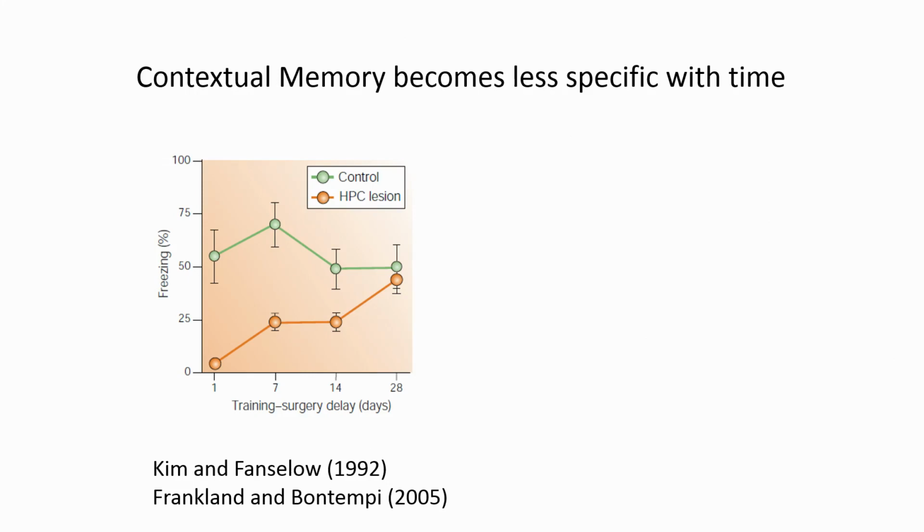Slightly different is the key word here. How slightly is slightly? When you put these animals in and ask the question, do you remember this context, or does it look familiar, the response would be: it depends. It depends on when you ask the question.